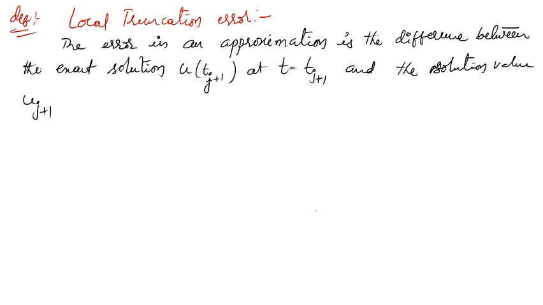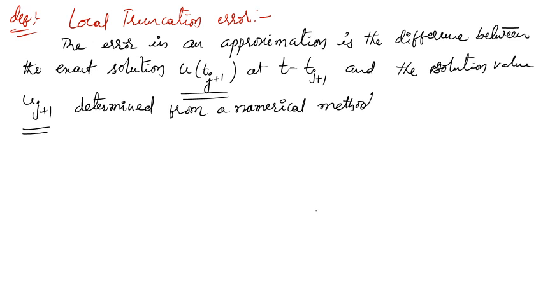See the difference. The exact solution is denoted by u(t_{j+1}), and the approximate solution u_{j+1} is determined from a numerical method. Using exact arithmetic or using a numerical method, the difference between exact and approximate determined by the numerical method is called the local truncation error.